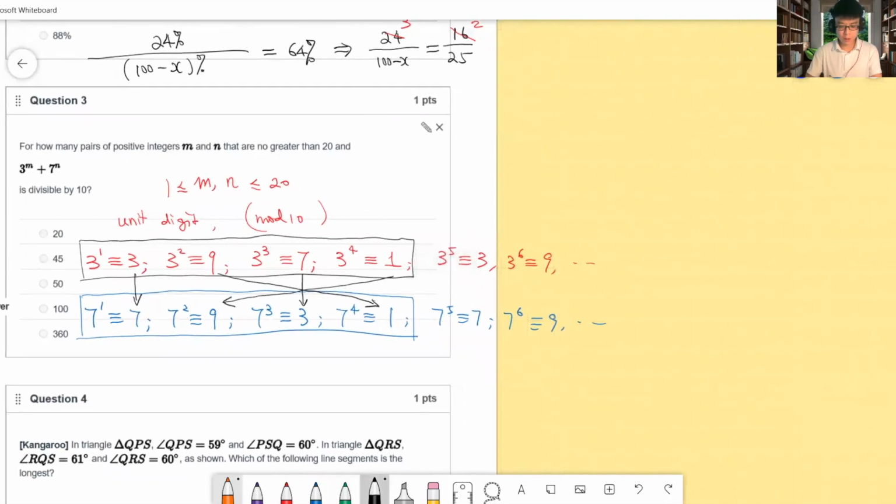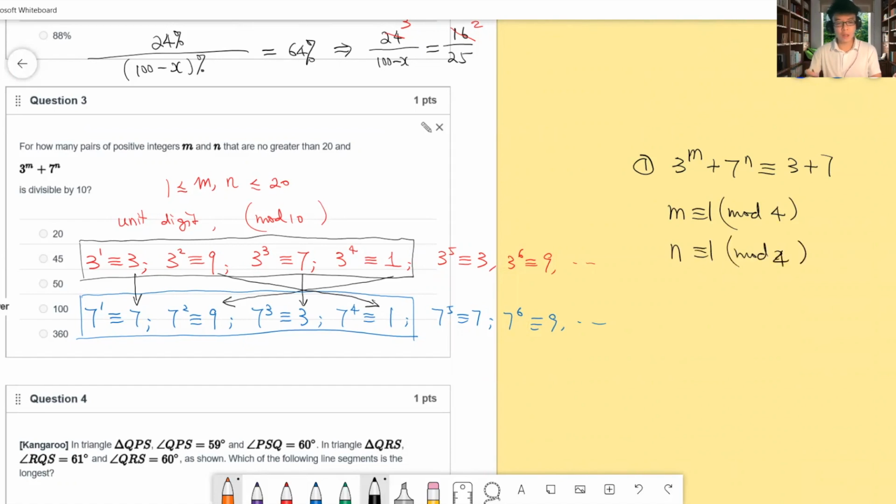So let's consider the following cases. So we need to have m, okay, if 3^m plus 7^n corresponds to 3 plus 7, that corresponds to m having remainder 1 when divided by 4, and n having remainder 1 when divided by 4.